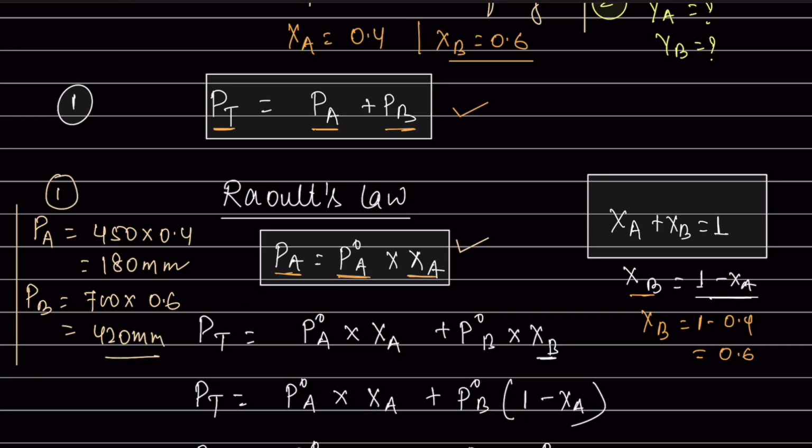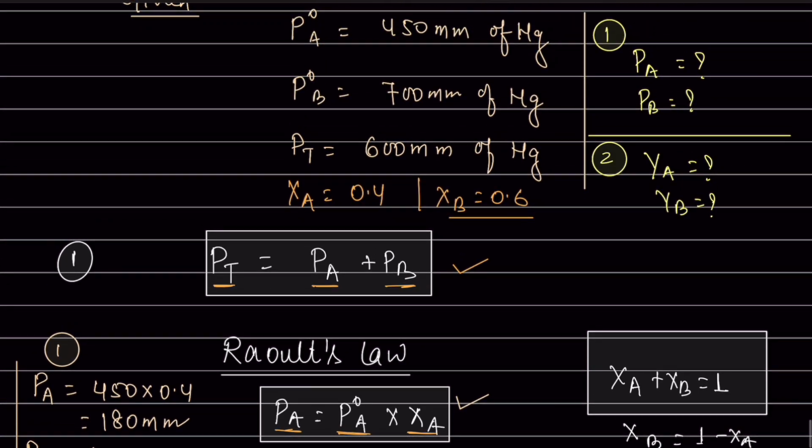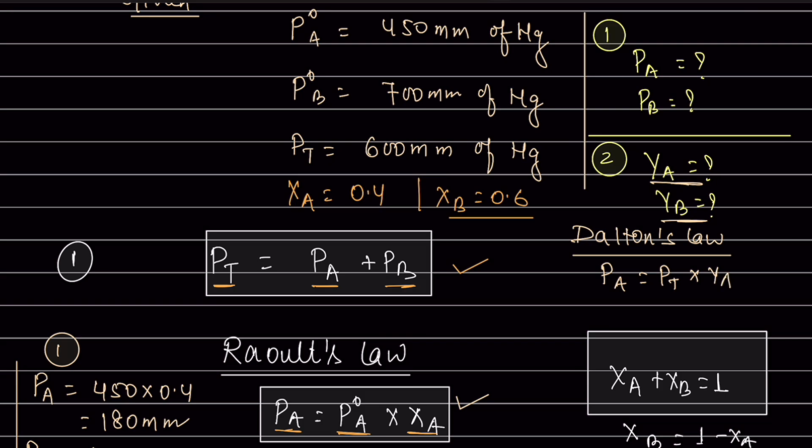In the second part, we need to find the mole fraction in the vapor phase, Ya and Yb. For this, we can use Dalton's law. It says that Pa is equal to Pt into Ya. So Ya is equal to Pa by Pt.